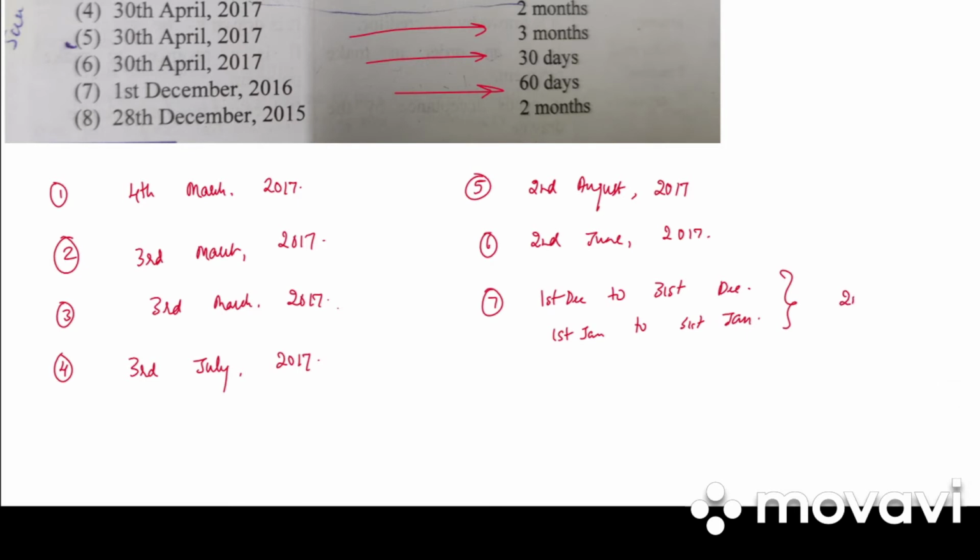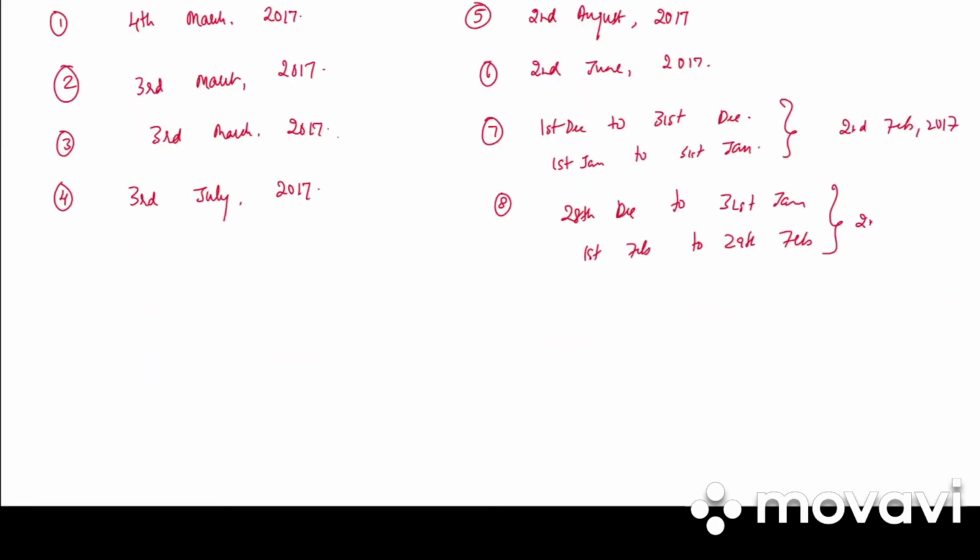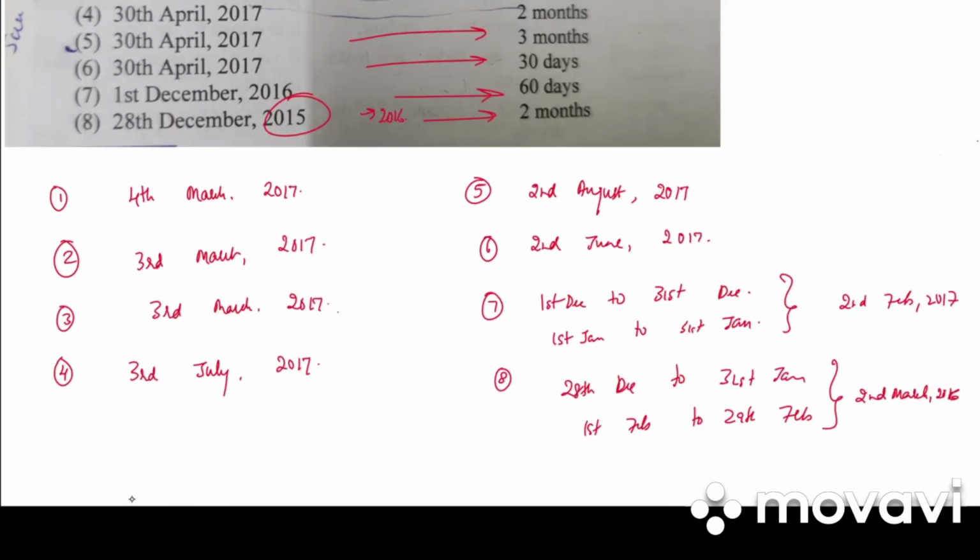So it will be 2nd February 2017, as December and Jan both have 31 days. Next 8th one we have 28th December 2015. So the due date will be 2nd March 2016.